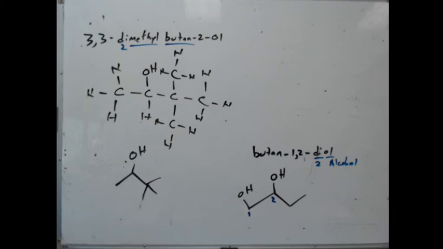The butane part tells me that it's a 4-carbon chain. So for the endings, OL would be alcohol, AL would be aldehyde, oic acid would be the carboxylic acid, and if it ends in ONE, we call that a ketone.